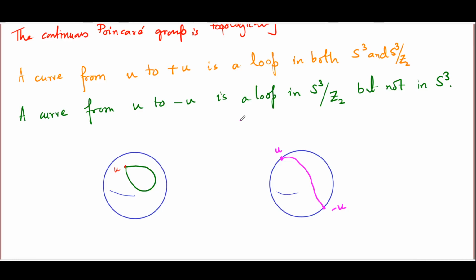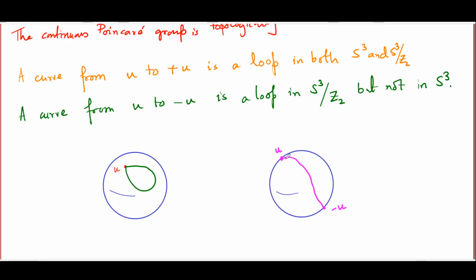Of course, I really want to use this to indicate a loop in S3. So you have to imagine that this is really a 4-dimensional space that we are trying to portray: a 3-dimensional surface in a 4-dimensional space. Anyway, that this is a loop should be beyond doubt, and it's a loop in both S3 and S3/Z2. Or, in the picture, it's a loop in S2 and also in S2/Z2.